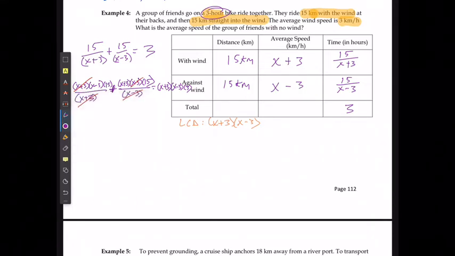And this means that 15 times (x minus 3) plus 15 times (x plus 3) has to equal, well, x plus 3 times x minus 3 is going to give me 3 times (x squared minus 9).